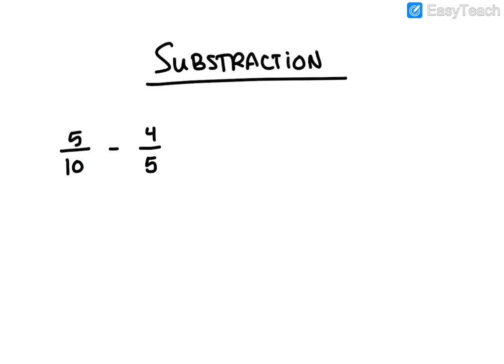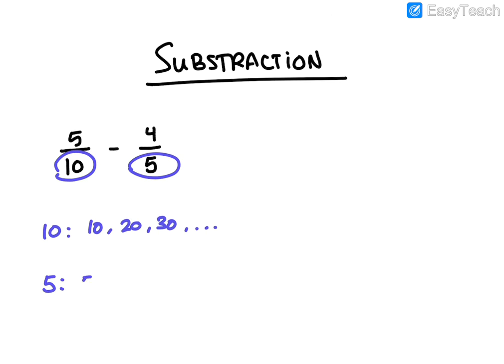With the subtraction, it is more or less the same. We have to do the same with these two numbers, 10 and 5. We are going to guess which is the least common multiple. In the case of 10 it is 10, 20, 30, and so on.